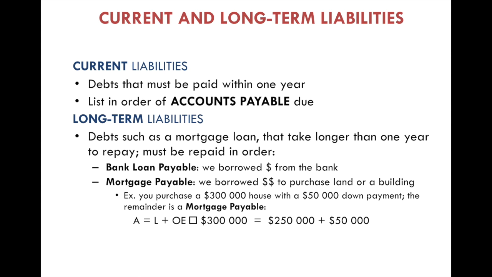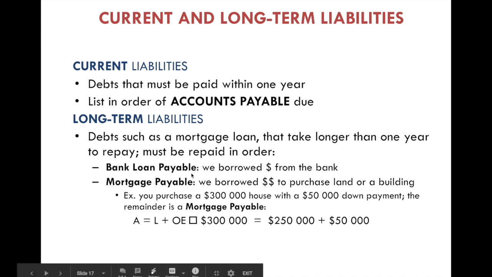Now, long-term liabilities are debts like mortgages or loans for machine equipment and stuff like that. These often take much longer than a year to pay back. And so we list these in the same order: the liabilities that are due soonest are the ones we list first.